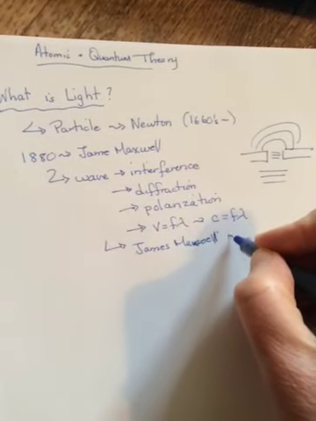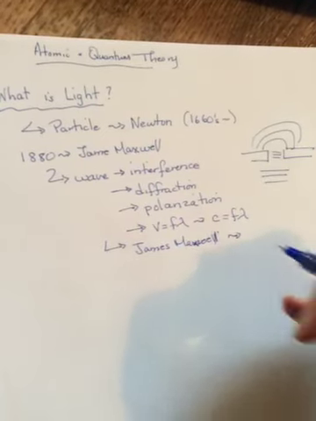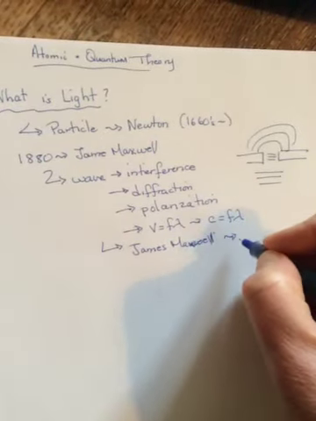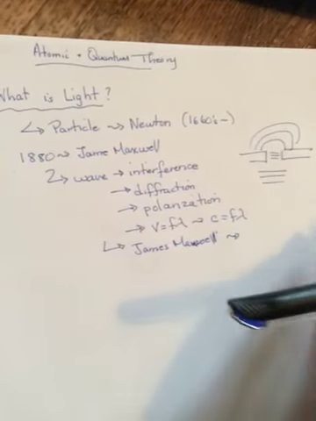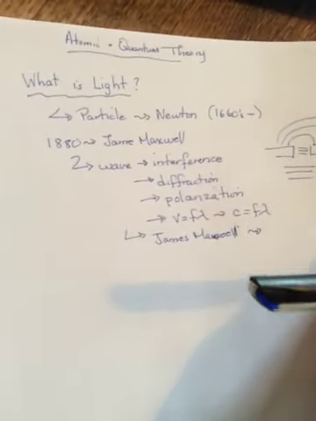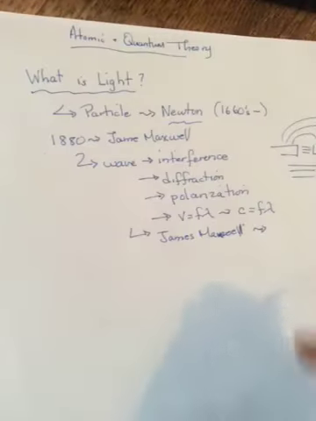Okay? And he came up with his 4 famous Maxwell equations to show this. So, like by 1880s, light was a wave. There was no question light was a wave. And poor Newton, well, I guess he was wrong. You got to be wrong now and again.